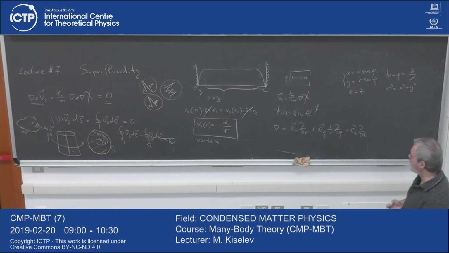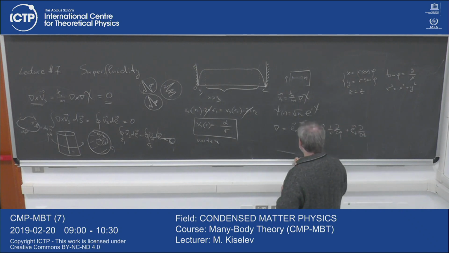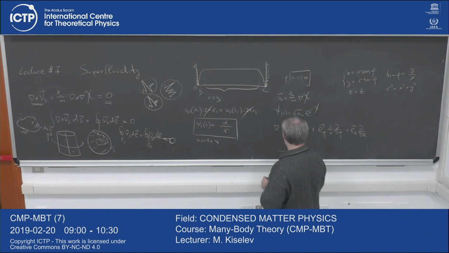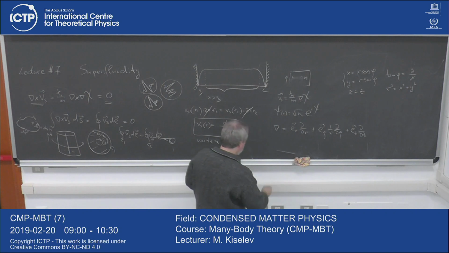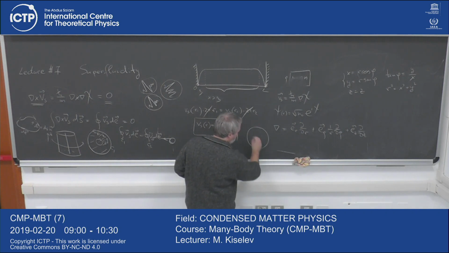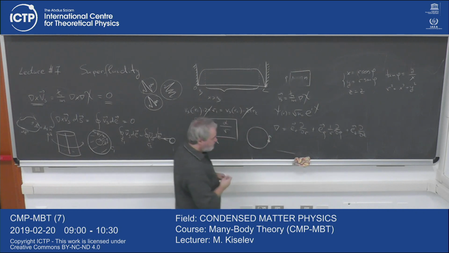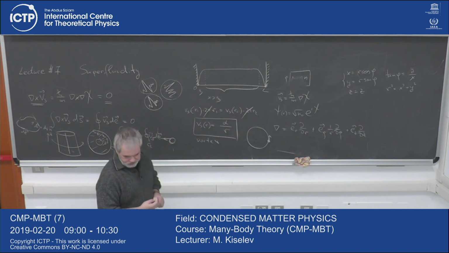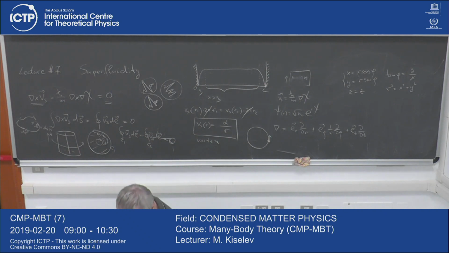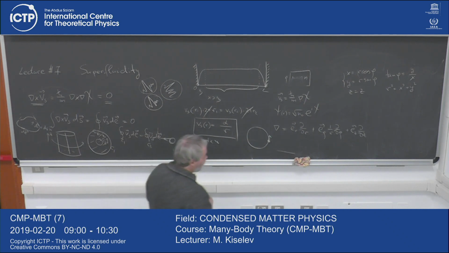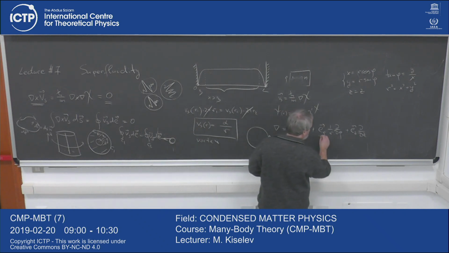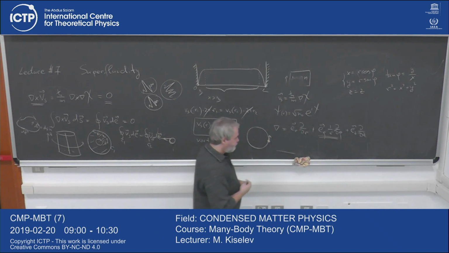Okay? So, as I said, we have a velocity which is tangential. So only the phi component exists in the plane.